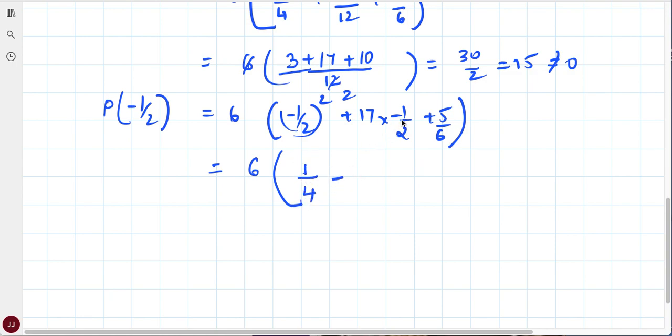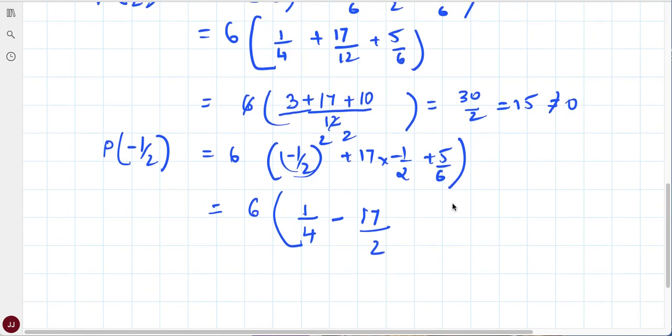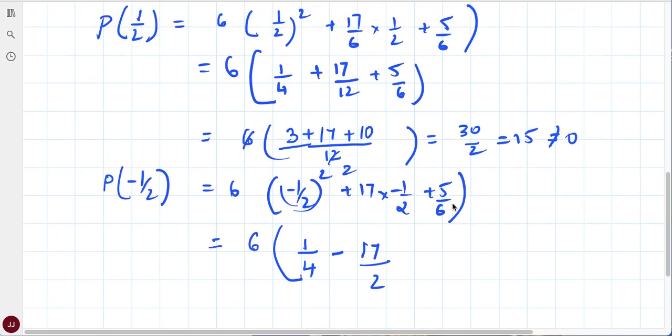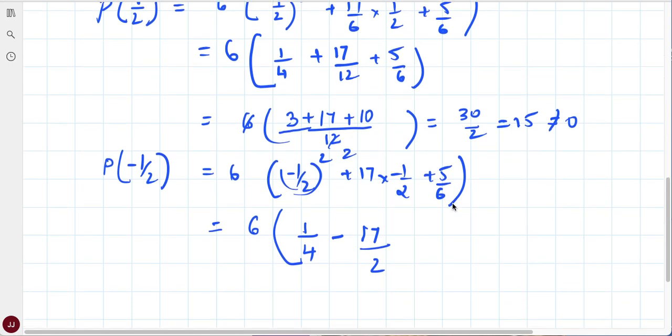This becomes minus 17 by 2. 17 by this is 17 by 6.